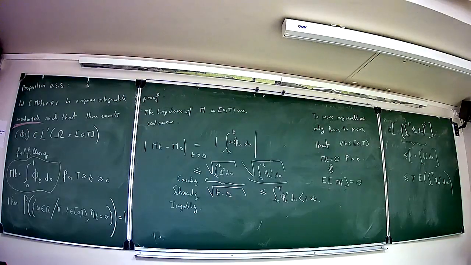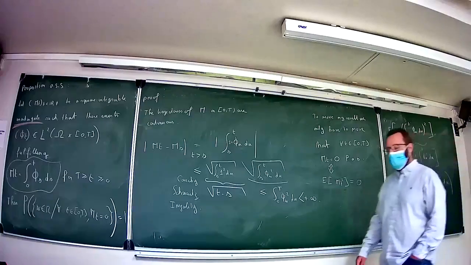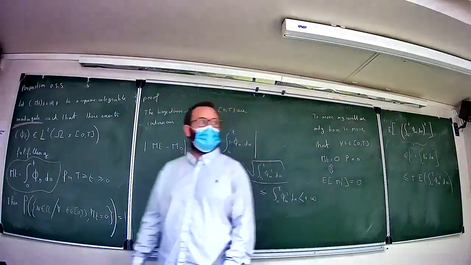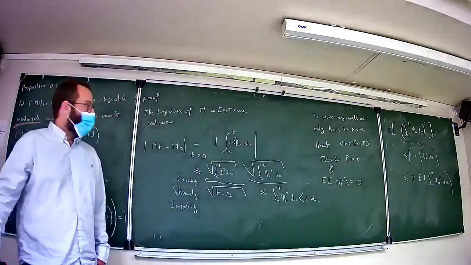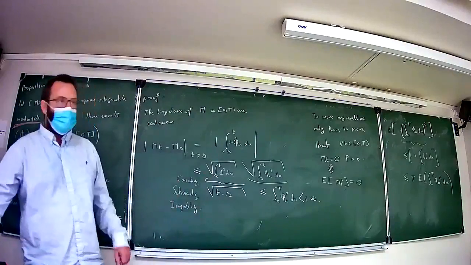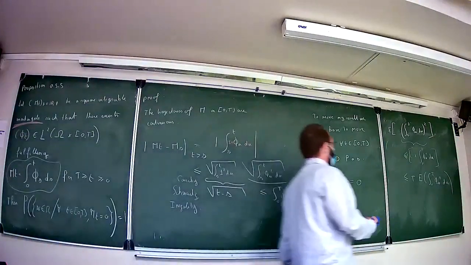And what we have seen from the previous proposition is that when you have a martingale, the increments are orthogonal. And the idea will be to make increments appear from this one.